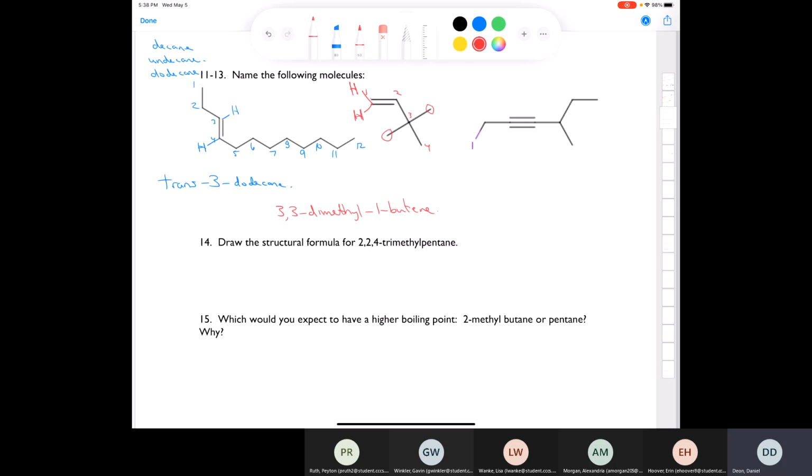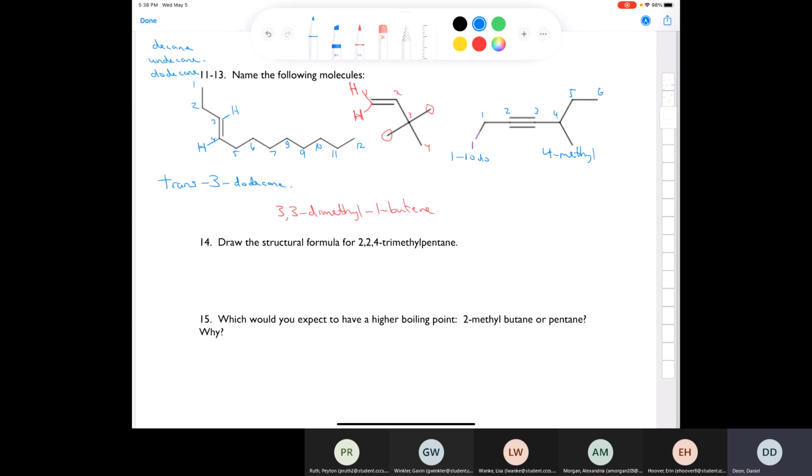All right, let's move on to the next one. We have a triple bond. We want to find the longest carbon chain, and we want to number it in such a way to give the triple bond the lowest possible number. So that would look like this: 1, 2, 3, 4, 5, 6. So this is some kind of 2-heptine, or 2-hexine rather. Now I have a 1-iodo substituent, and I have a 4-methyl on my 2-hexine.